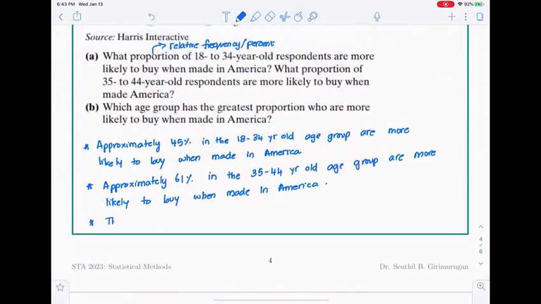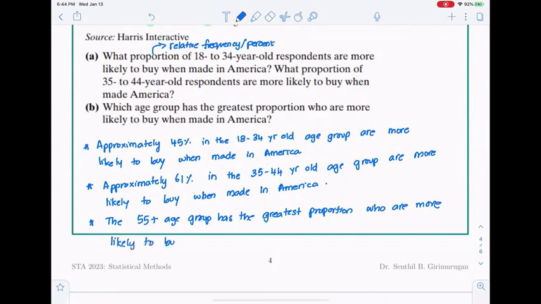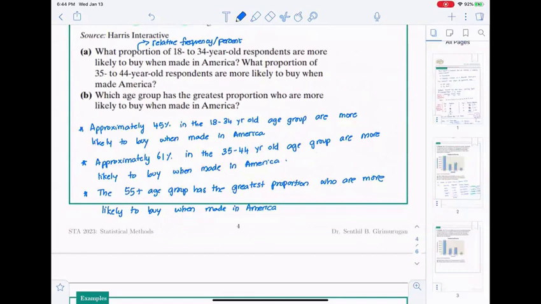So the 55 plus age group is the group that is more likely to buy when a Made in America ad is specified.